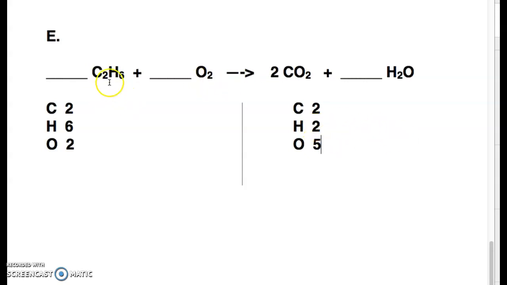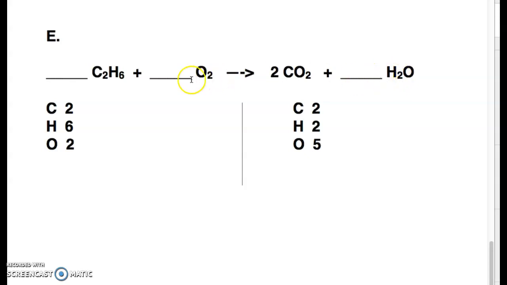So now you say, well, I have 2 carbons, very good. We have 4, 5, and so what can I multiply 2.5 by in order to... let's see, we have 4, 5, 2, 6.